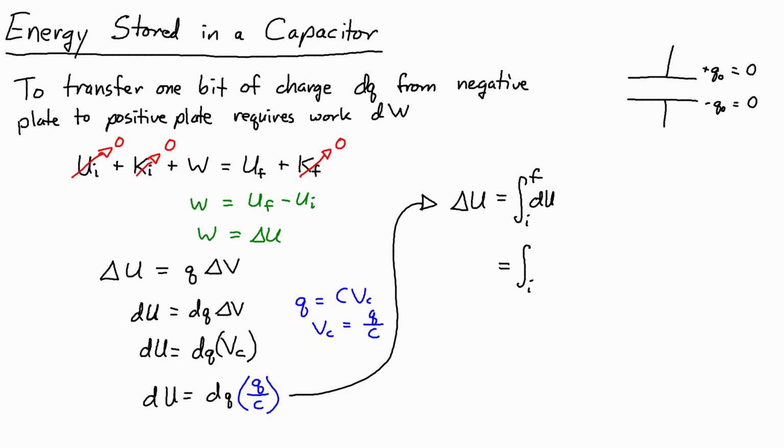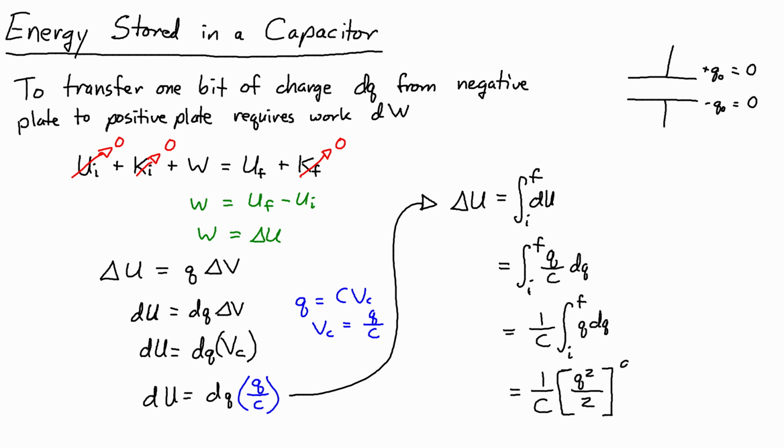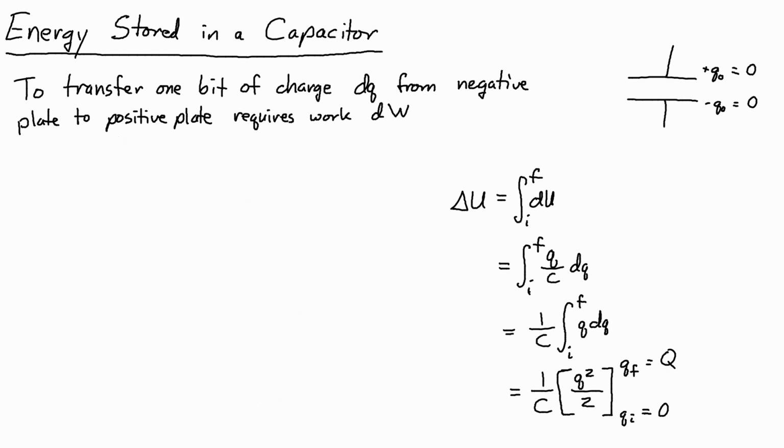So the next step is to substitute in for dU, and dU is equal to Q over C times dQ. Then I can pull out the constant 1 over C, so I'm just integrating Q dQ from Q initial to Q final. Q final is the total charge in the capacitor, and Q initial is 0 because you have 0 energy stored in the capacitor when you have 0 charge on it.